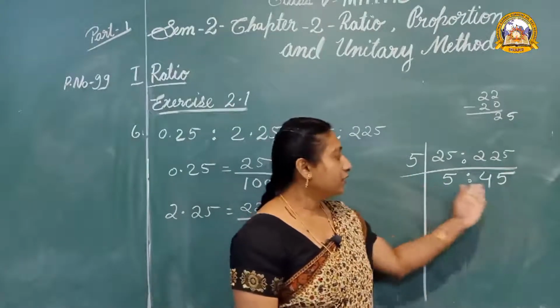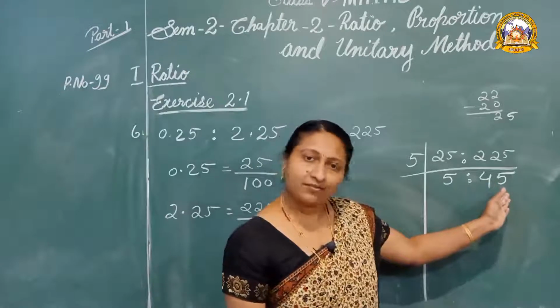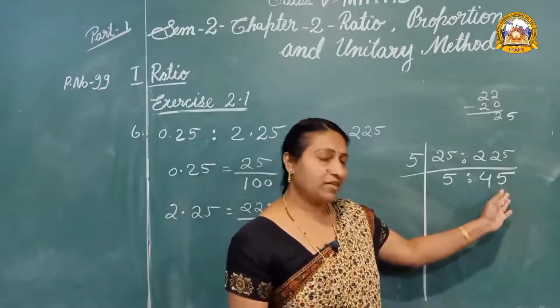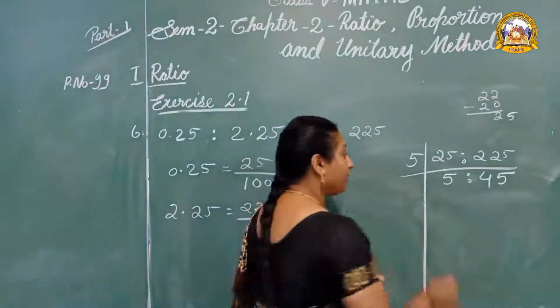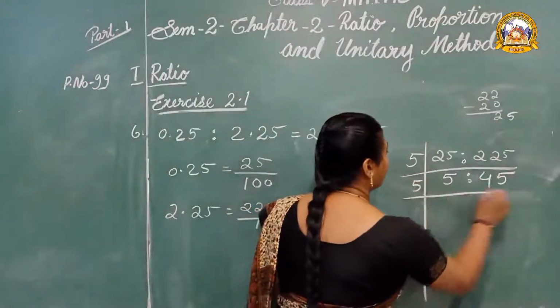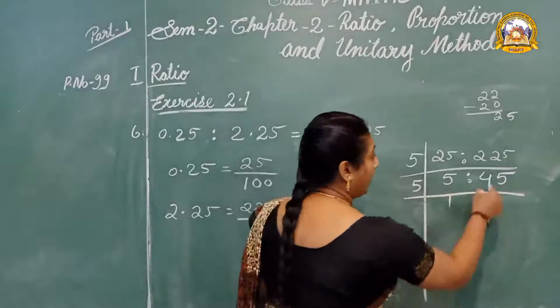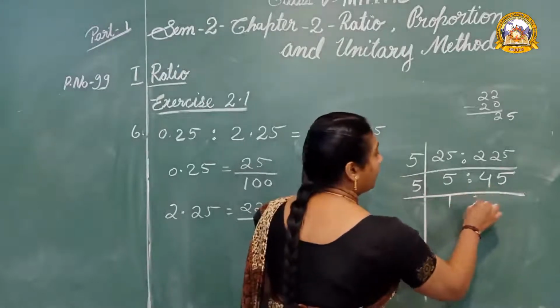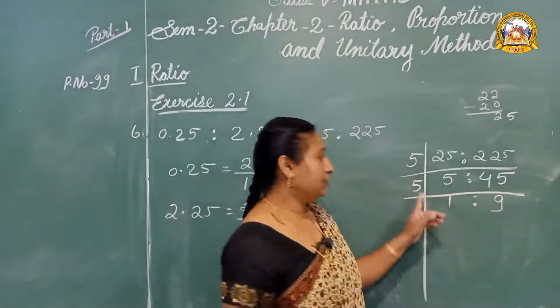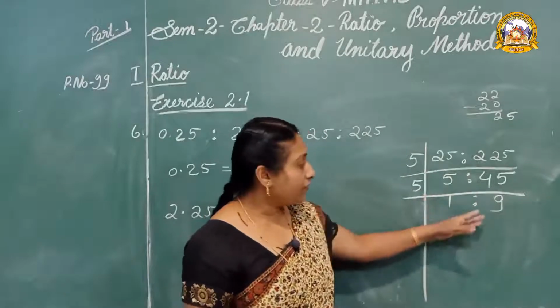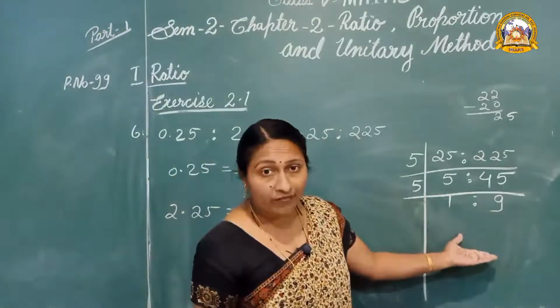Okay. These are multiples of 5. So, let us divide them by 5. Okay. 5 1's are 5 and in 45, 9 5's are 45. Can we divide them by a common factor?